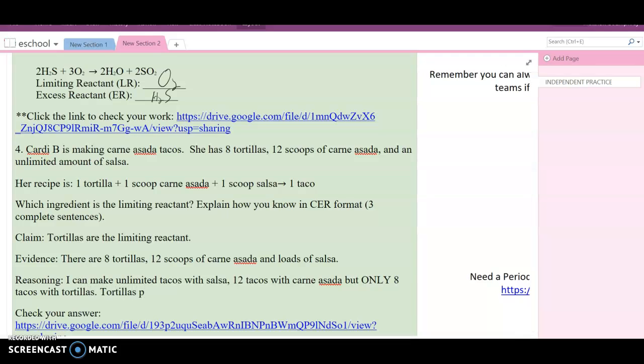Tortillas produce less product. I will run out of tortillas first. Cool. All right, guys. Hope that's helpful.